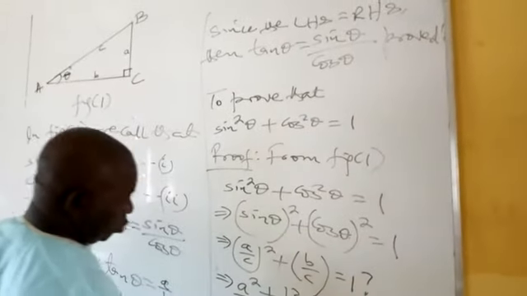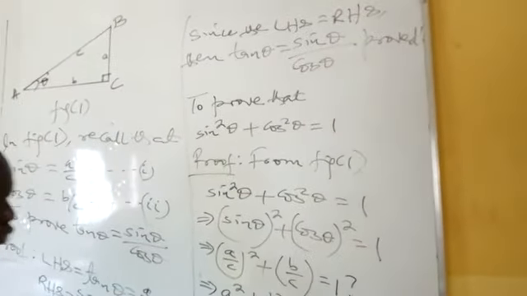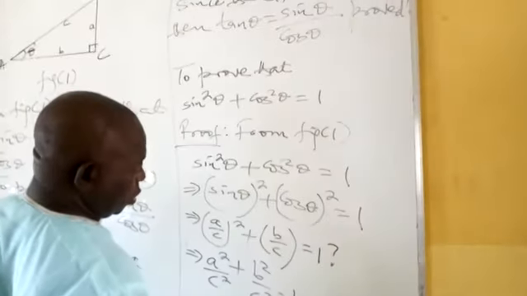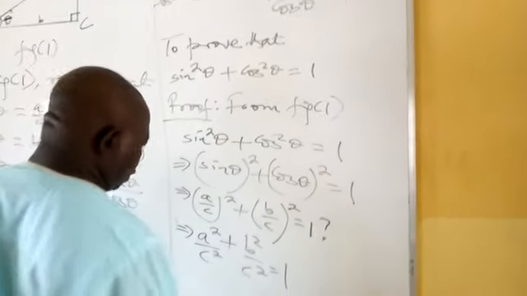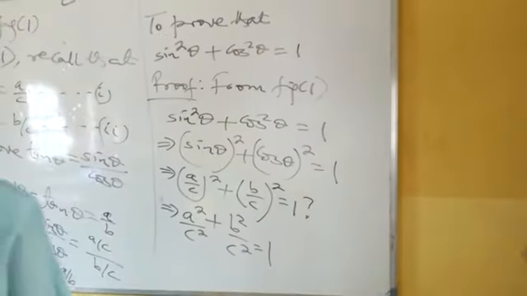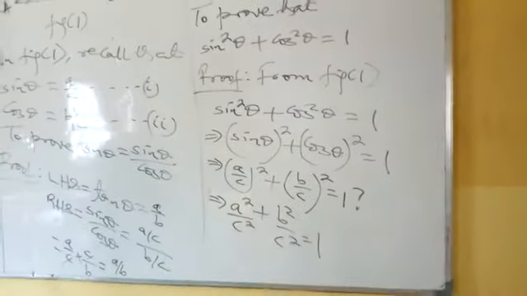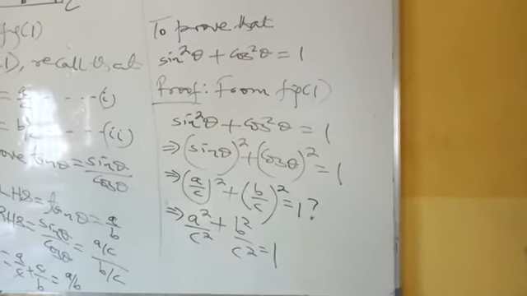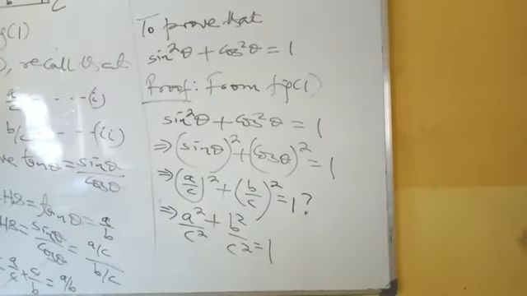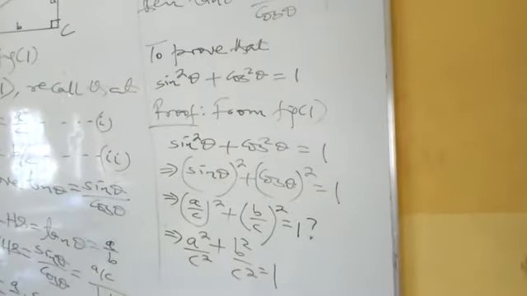You put square there, B over C square. Now, what is the LCM here? The LCM here is C square.